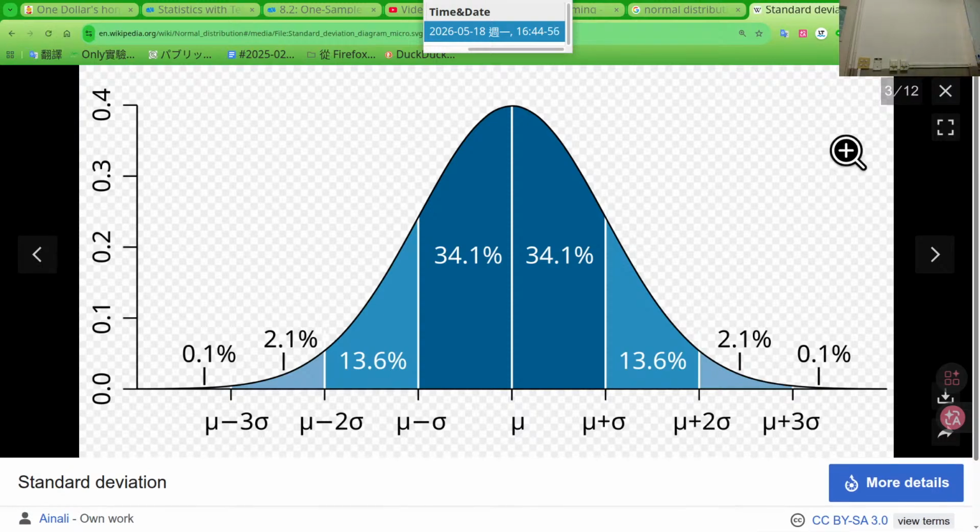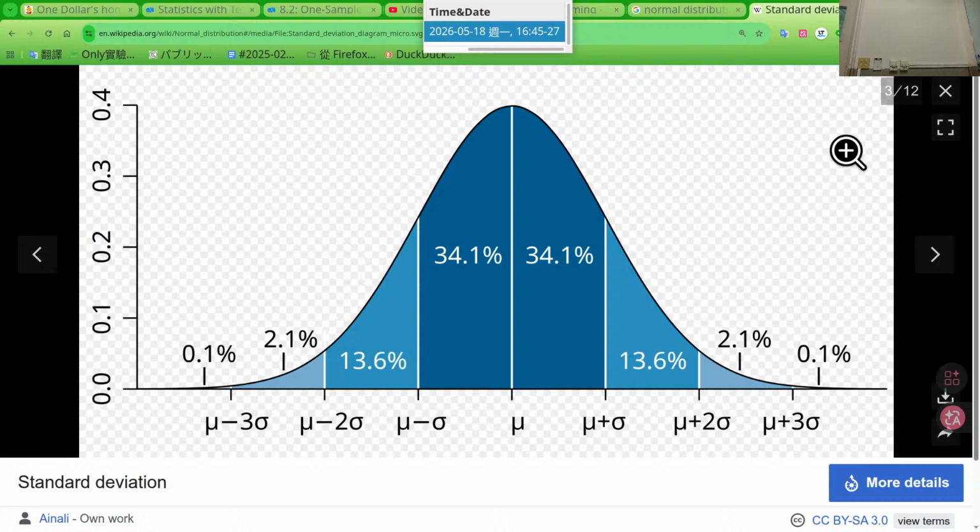We mentioned the samples are normally distributed. Then we know that generally the distribution looks like this one. Here is the mean, and here is the mean plus 1 standard deviation, plus 2 standard deviations, plus 3 standard deviations.